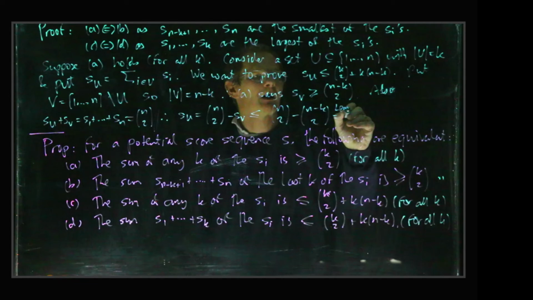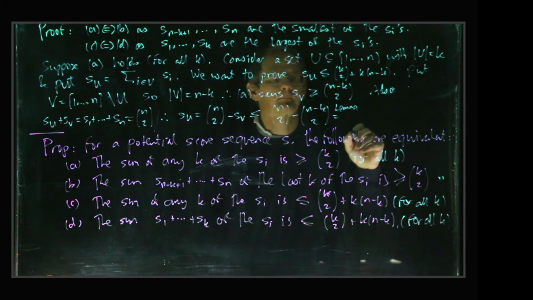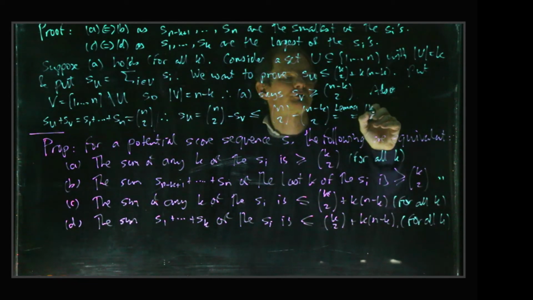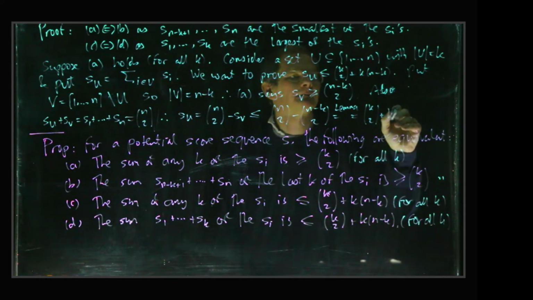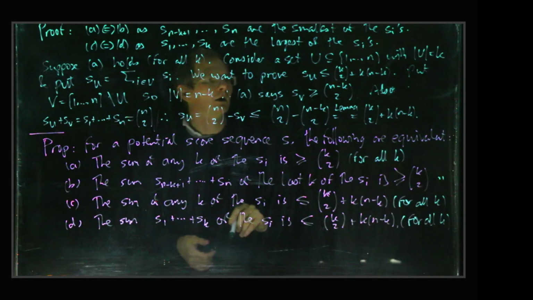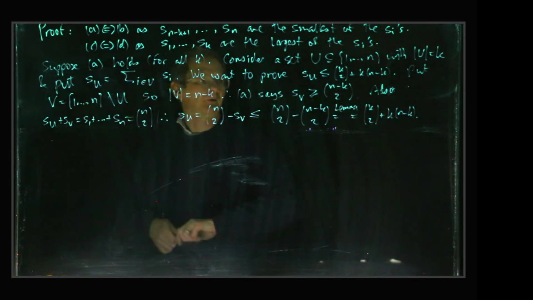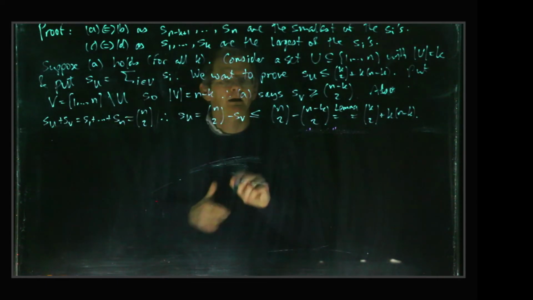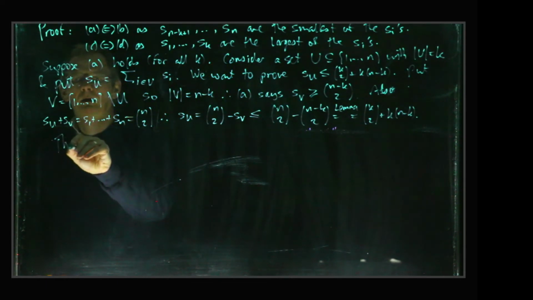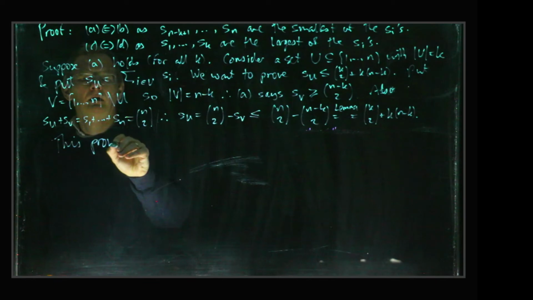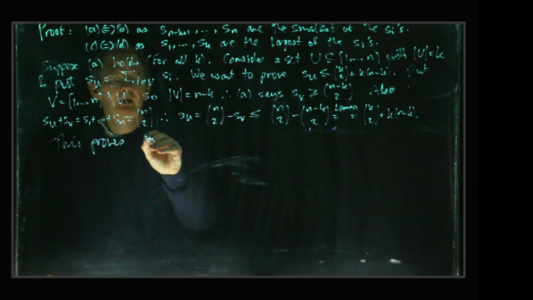And by the lemma that we had on the previous board, this is the same as k choose 2 plus k times n minus k. Okay, so this proves that A implies C.